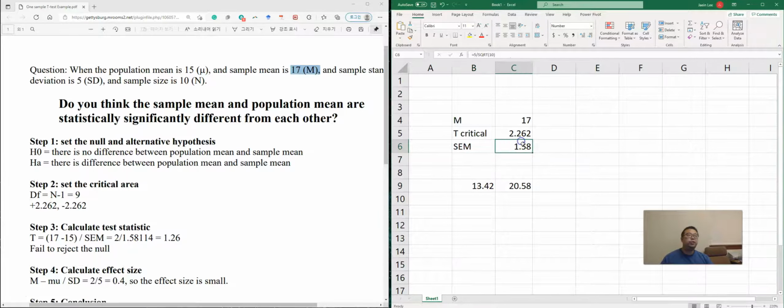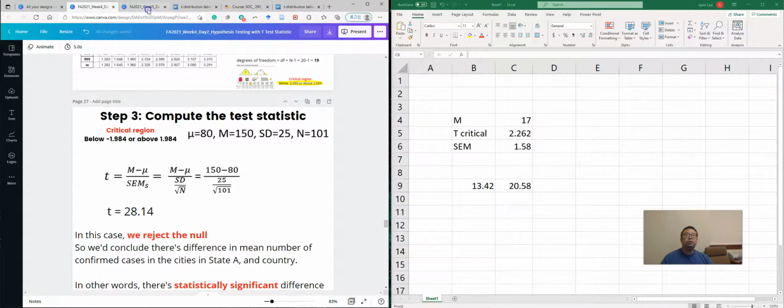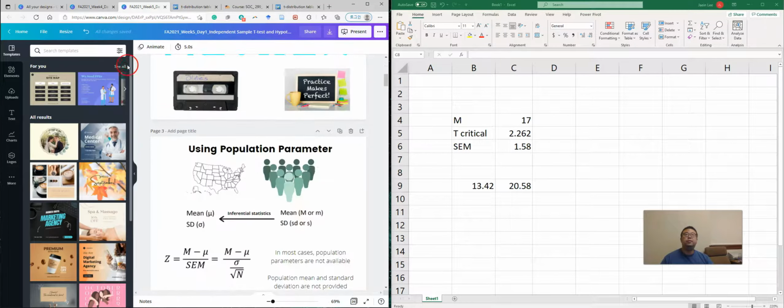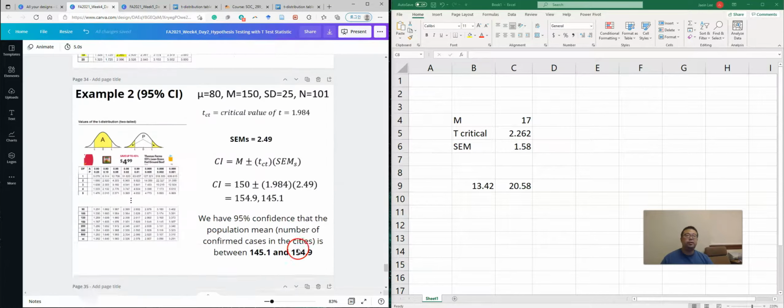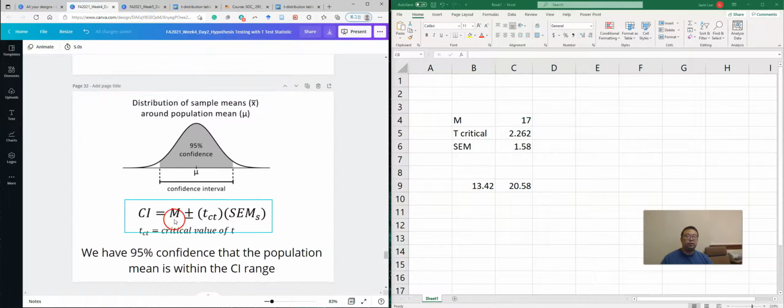So in this equation, 5 is divided by the square root of 10. So this is SEM. Let me show the equation again. The confidence interval is sample mean plus minus t critical multiplied by sampling error.